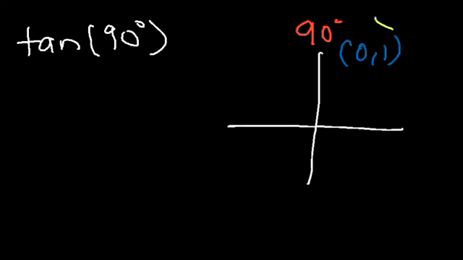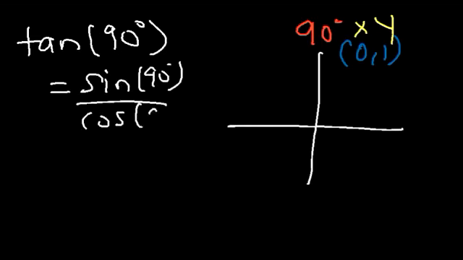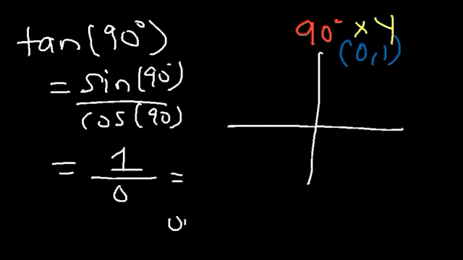And tangent is y divided by x. Tangent is sine divided by cosine. So it's sine 90 over cosine 90. Now it turns out that sine 90 is the y coordinate, it's 1. Cosine 90 is 0. Whenever you get a 0 in the denominator of a fraction, it's undefined. So tangent 90 is undefined.